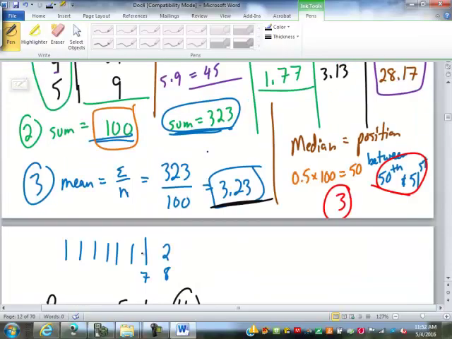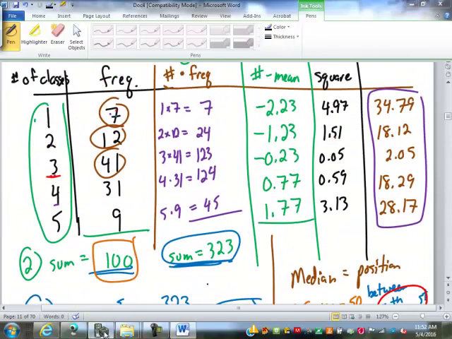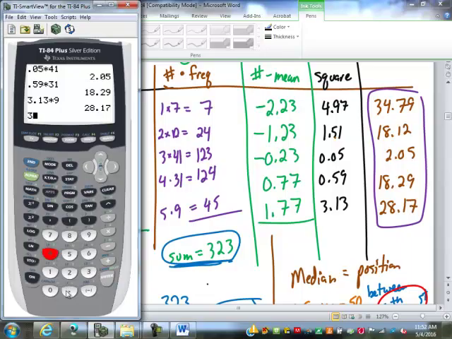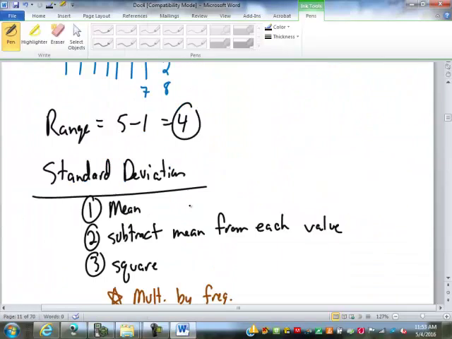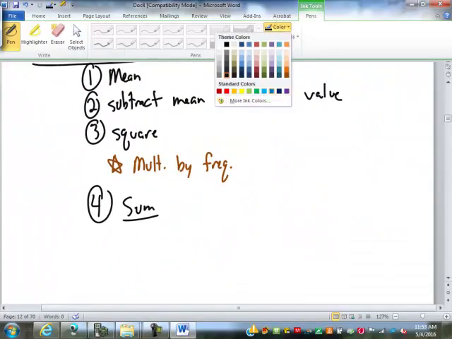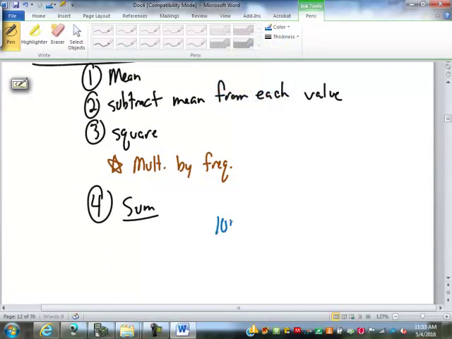So let's do this here. 34.79 plus 18.12 plus 2.05 plus 18.29 plus 28.17 gives us a total of 101.42. So we have a sum right now of 101.42.